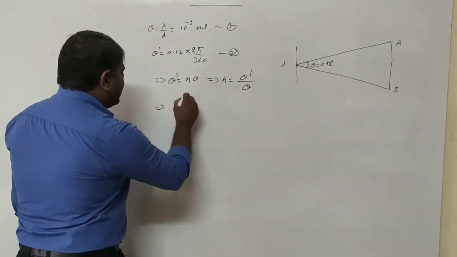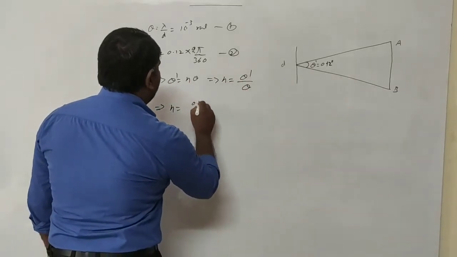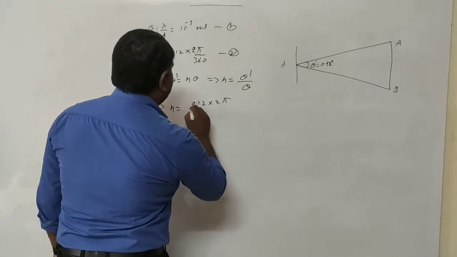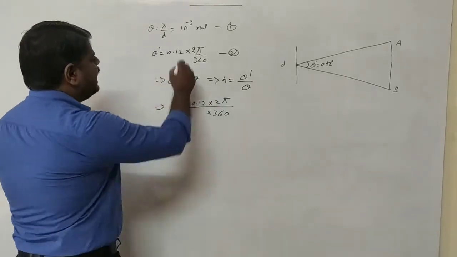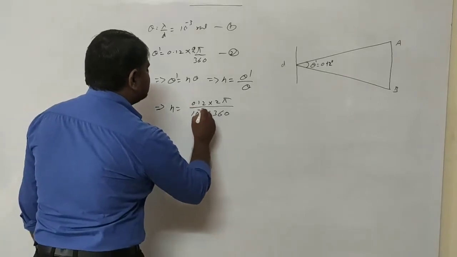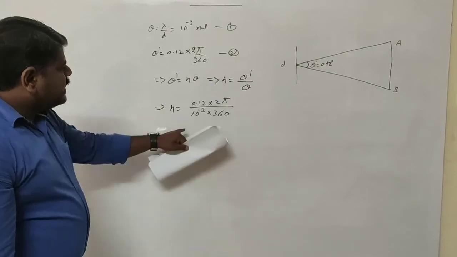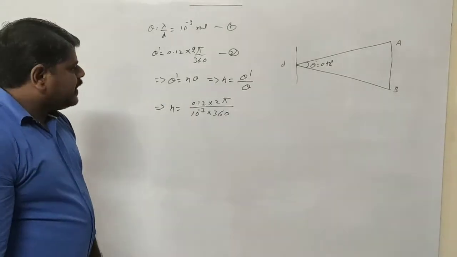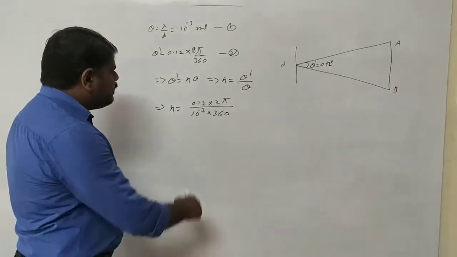So n is equal to theta dash, that is 0.12 into 2 pi by 360, divided by theta, which is 10 to the power of minus 3. Now this 10 to the power of minus 3 goes to the numerator and becomes plus 10 to the power of 3.